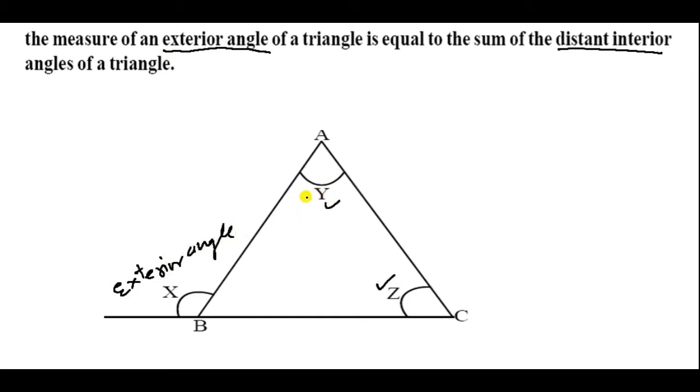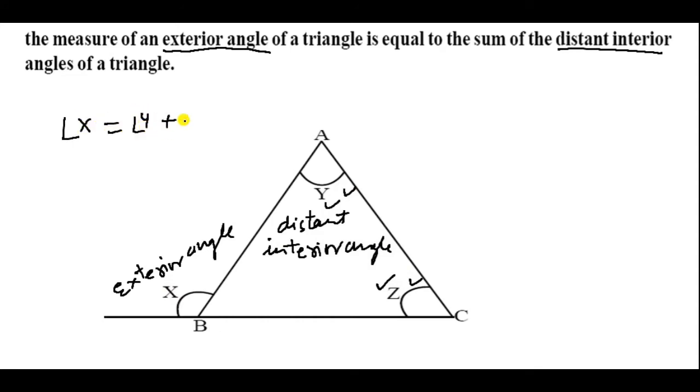Inside there are the distant interior angles, these both, this one and this one. So what is the relation between these? Angle X is always equal to angle Y plus angle Z. It is the formula for the exterior angle.